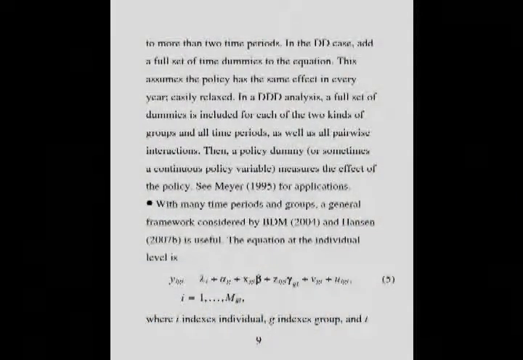Having more data within each particular control-treatment group pair certainly helps with our inference. But if we have many groups and many time periods, then it makes much more sense to allow for other sources of uncertainty through group-time level effects.